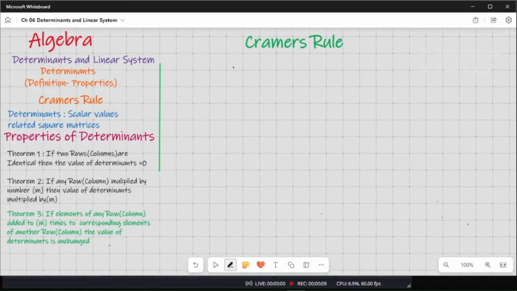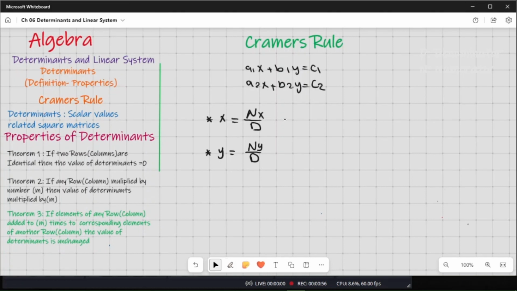So if I have a system of a1 x plus b1 y equal to c1, a2 x plus b2 y equal to c2, then using Cramer's rule, x will be equal to nx by d, and y equal to ny by d.